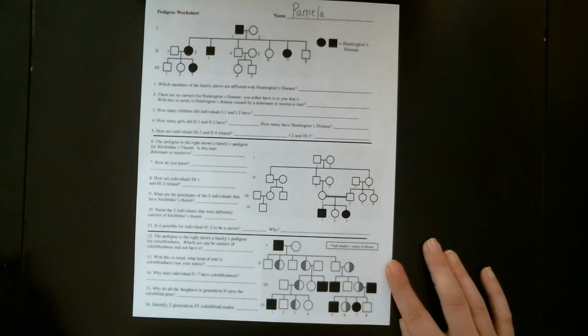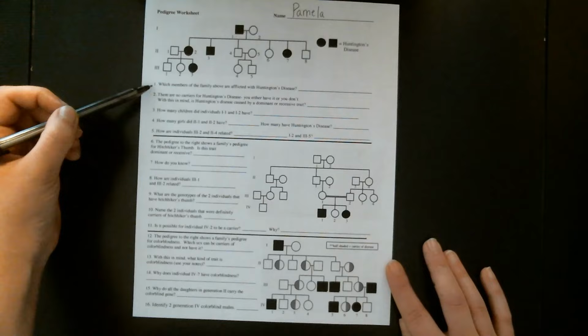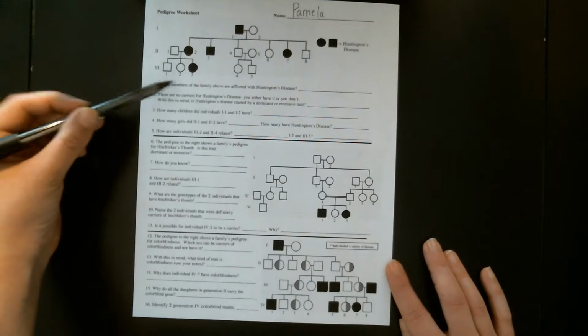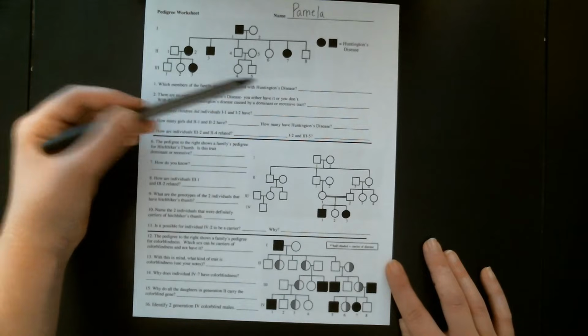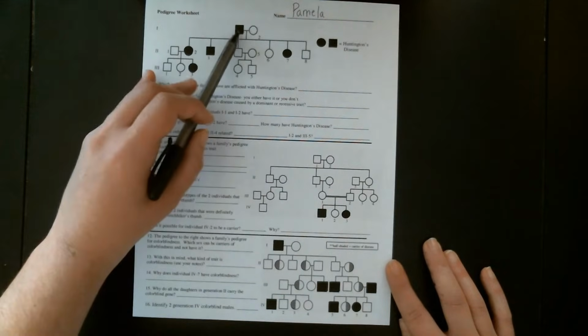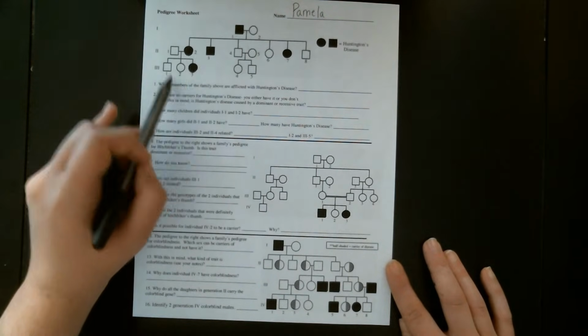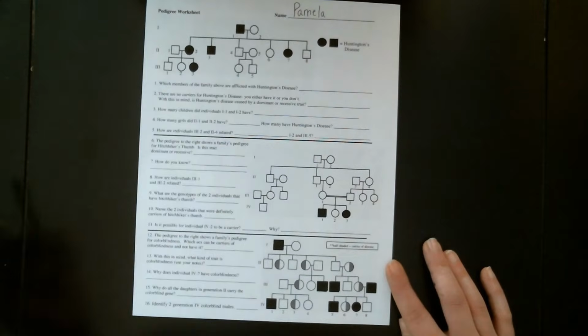Okay, so let's start with the first question, and it asks, which members of the family are afflicted with Huntington's disease? So we've got 1, 2, 3, 4, and 5.